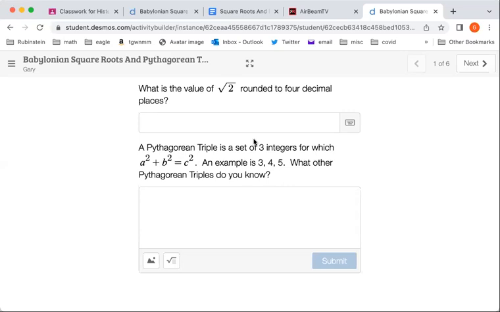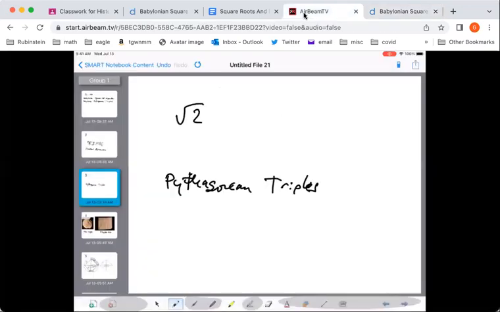Wait, I have a silly question. Did they know about Pythagoras before Pythagoras? Oh yeah. So Pythagoras is in the year 500 BC.